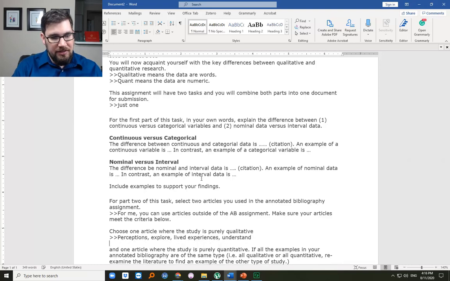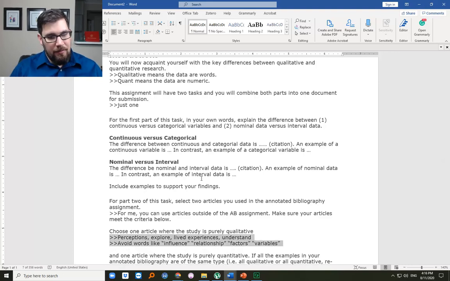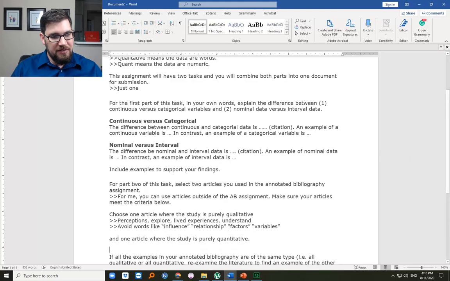You'll avoid words like influence, relationship, as in between variables, factors, variables. So for the quantitative study, you want an article that is purely quantitative. You're basically going to do the opposite.